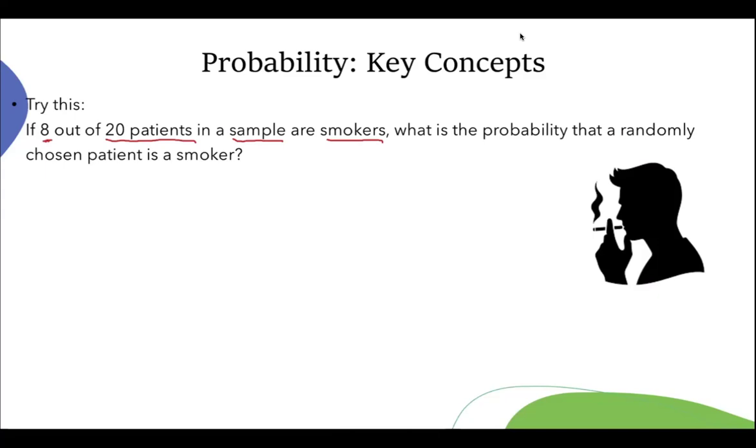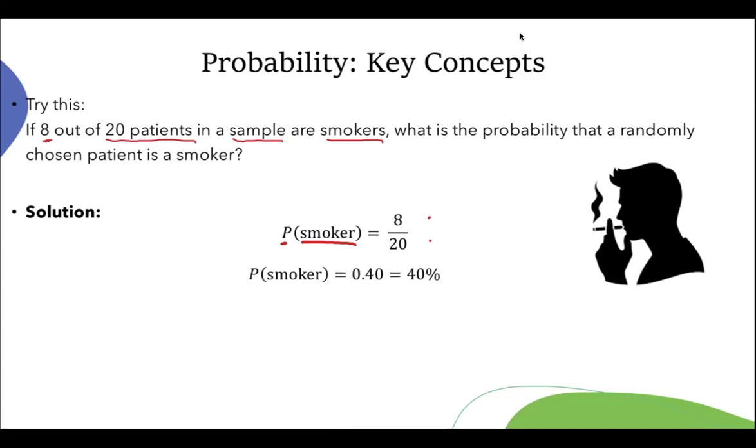The probability of randomly choosing a smoker is going to be 8 divided by 20. Okay, so we're using the notation here again, P parentheses smoker. The event of choosing a smoker from the group is the number of smokers in the group divided by the total number of people in the group, 8 divided by 20.